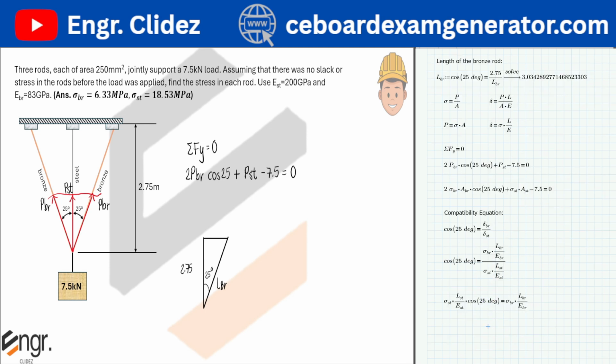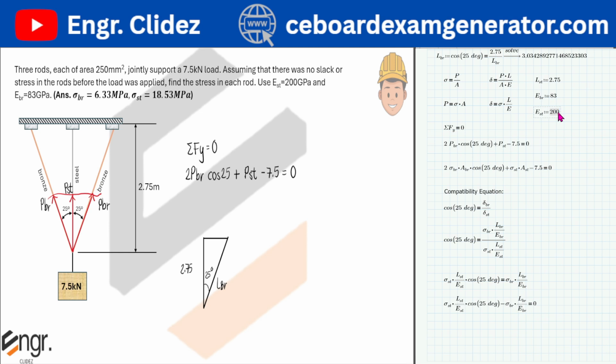Now modifying this further, we can move this to the other side of the equation. So we have this expression. Then we can subtract this one and set this equation to 0. Now all of these are given. This is the length of the bronze rod, and the length of the steel rod is equal to 2.75 meters. And for the moduli of elasticity, for bronze, we have 83 gigapascals, and for steel, we have 200 gigapascals.